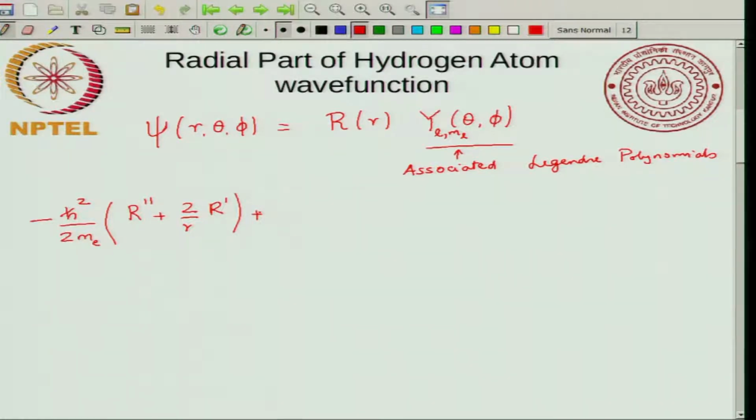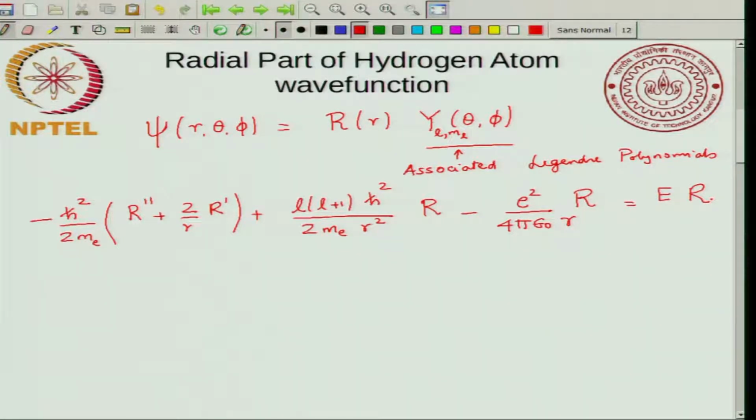Since you know the solution, we use that solution and write this as L times L plus 1 h bar square divided by 2 m_e r square times R. And then you have an additional term. So, all this comes from the kinetic energy, then you have the potential energy e square by 4 pi epsilon 0 r times R, this is equal to E times R.